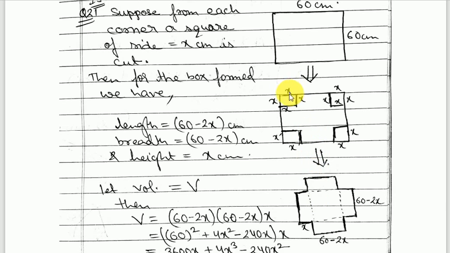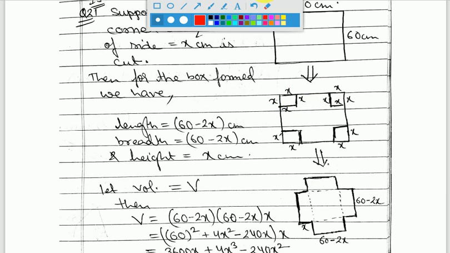You can see that if you cut from each corner a square of side x, then this length will be 60 minus 2x, because the total length was 60, and you are subtracting x from this side and x from here, that means 60 minus 2x.